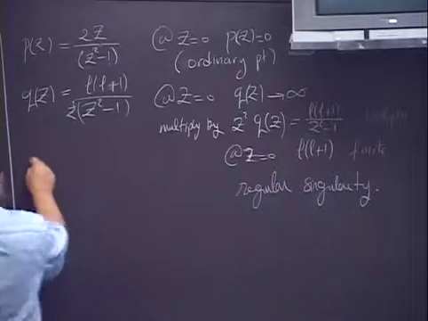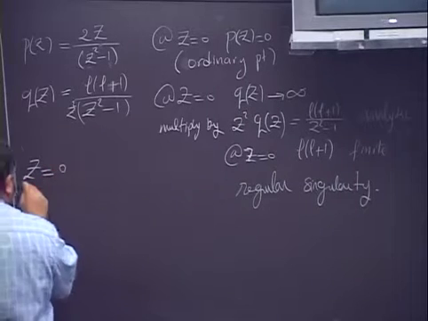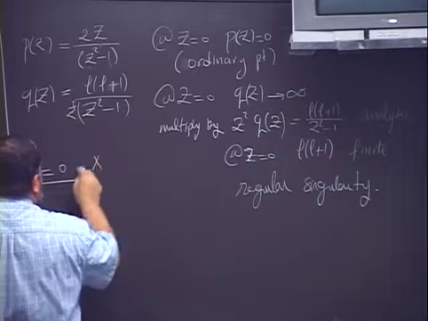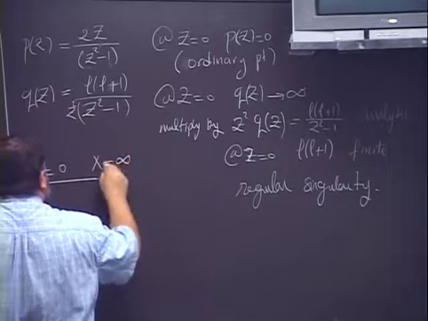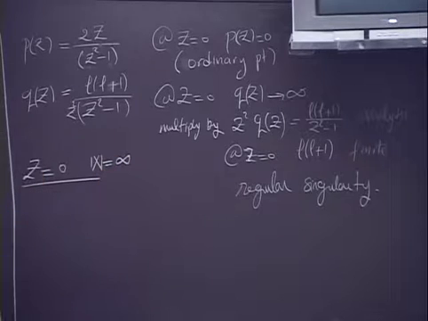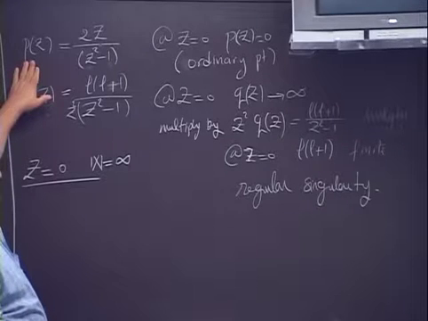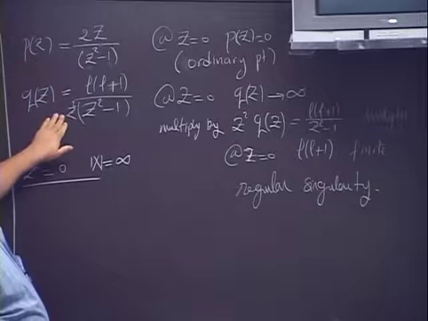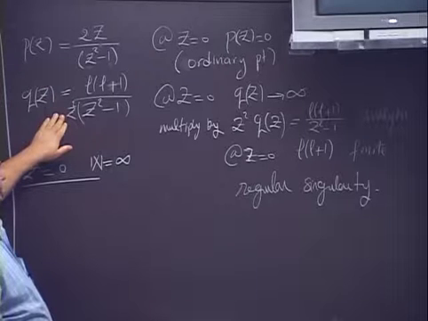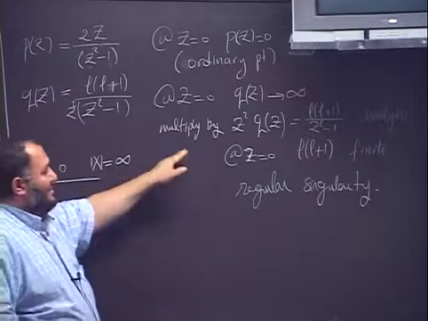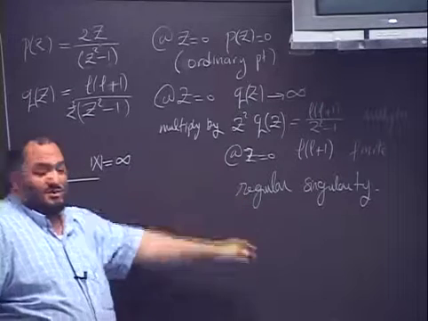So z equals 0, meaning x equal to infinity, is what point now? We examine this case, z equal to 0, it's our ordinary point. And Q is not ordinary, it's singular, but it's not an essential singularity, it's a regular singularity.